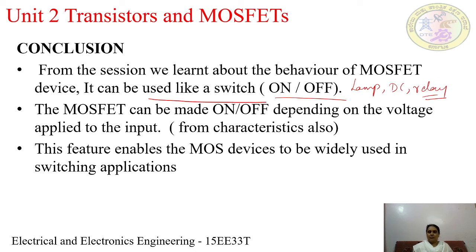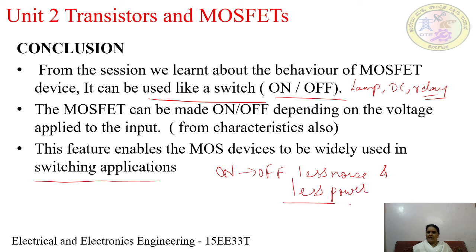The major importance of this is switching because it has a very smooth transition from on to off with less noise and less power. So the common application of the MOS is switching applications. Apart from that, wherever low power applications are required, we use MOSFETs.